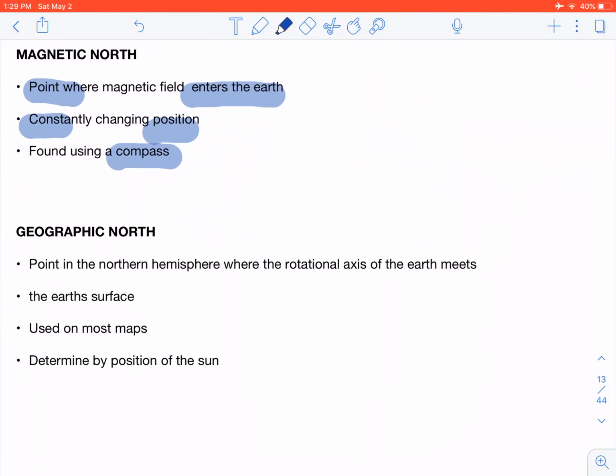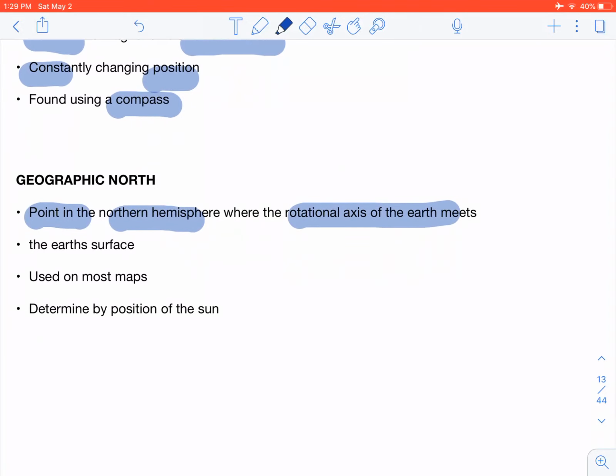The geographic north is the point in the northern hemisphere, I'm dealing a little bit with geography here, where the rotational axis meets the Earth's surface. It is used in maps, and it is determined by the position of the sun.